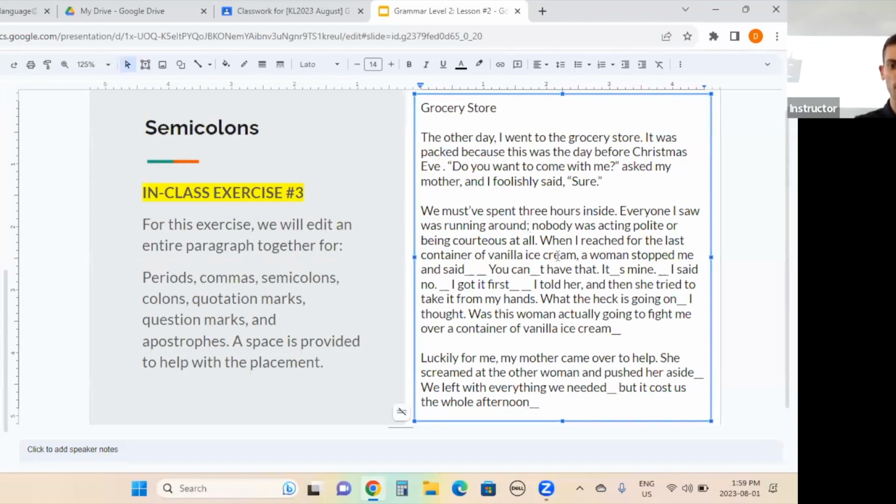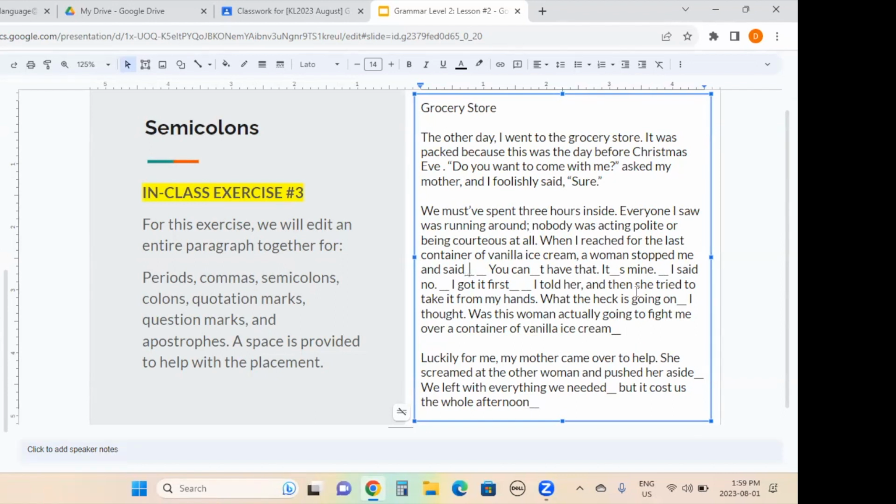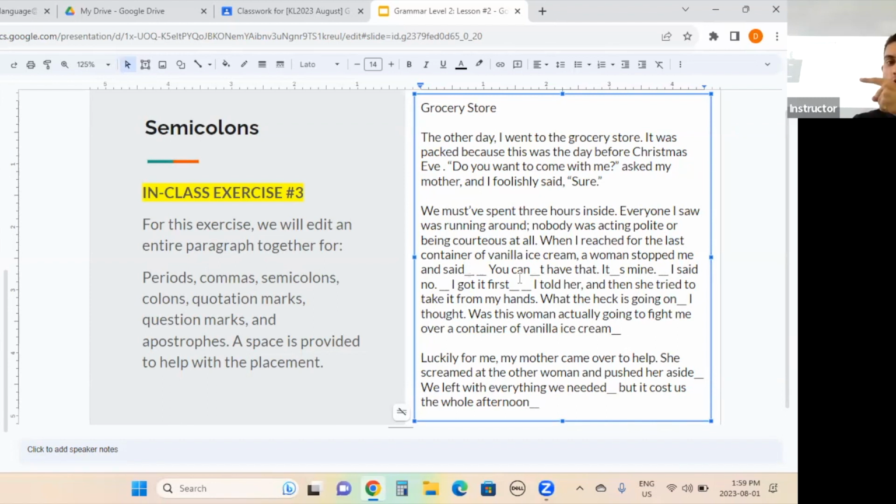Martin, let's do the next one. When I reached for the last container of vanilla ice cream, comma, a woman stopped me and said, "You can't have that." So right after said, we could put an exclamation mark at the end, but this is just the start of the line of dialogue. Quotation mark.